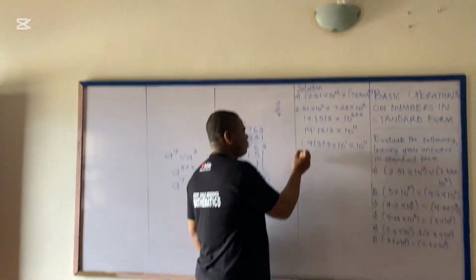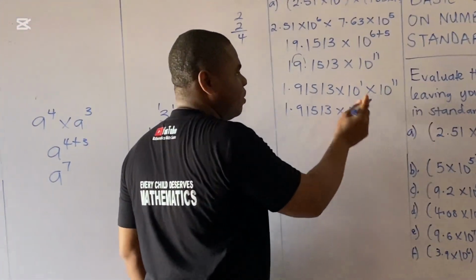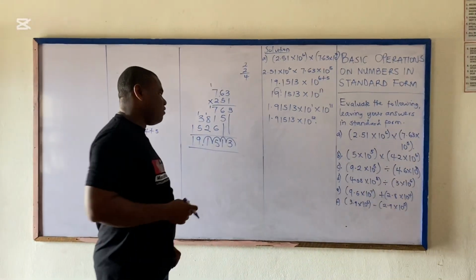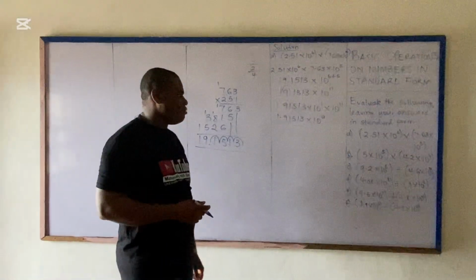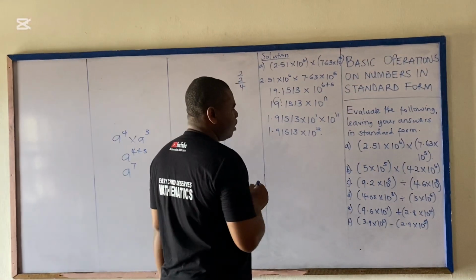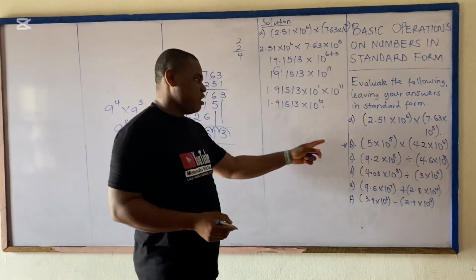Alright, so now we have 1.91513 times 10 raised to the power of 1 plus 11, which gives me 12. So this gives us a final answer of 1.91513 times 10 raised to the power of 12.